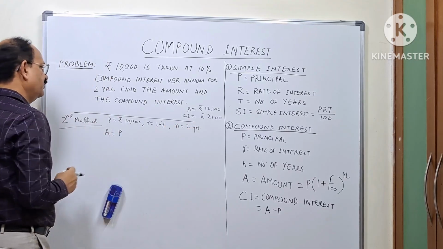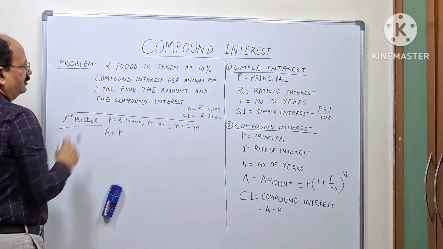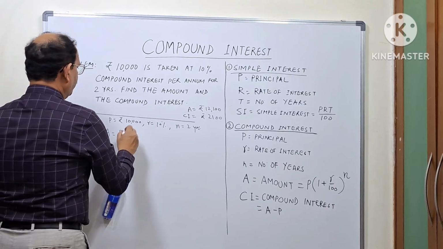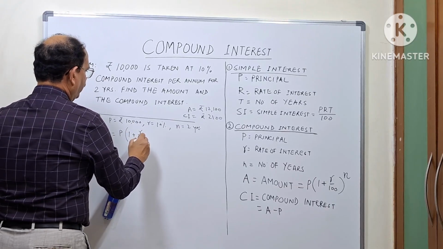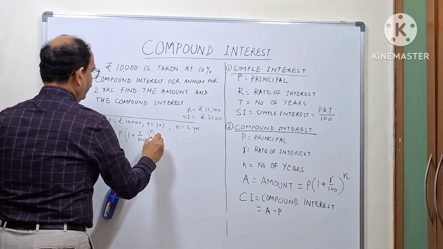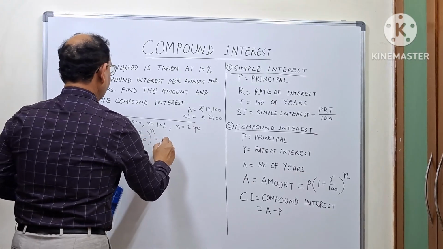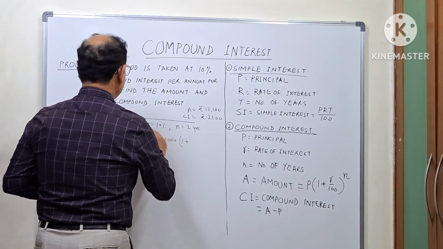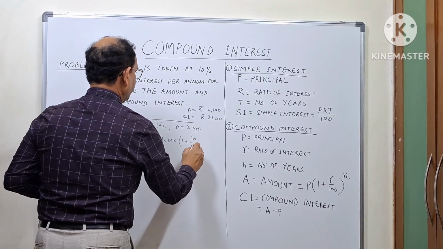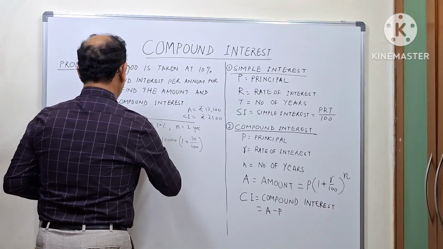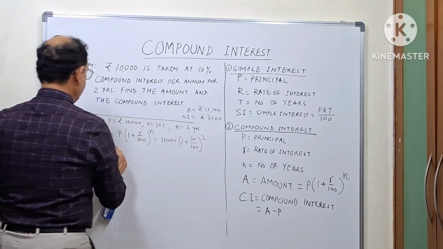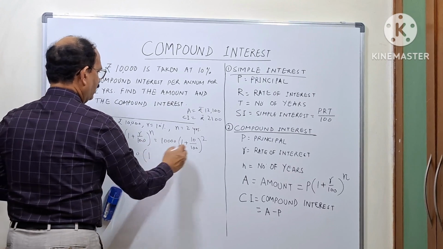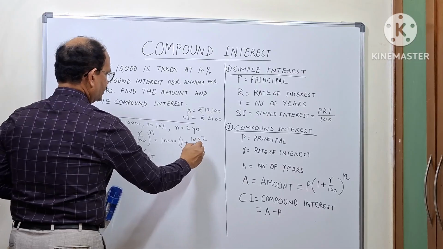That is what the original sum which we have taken. The same thing, right? So with formula it should be P times (1 plus r by 100) raised to the power n. Now my principal is rupees 10,000. Under bracket 1 plus r is 10 divided by 100 raised to the power n is 2.